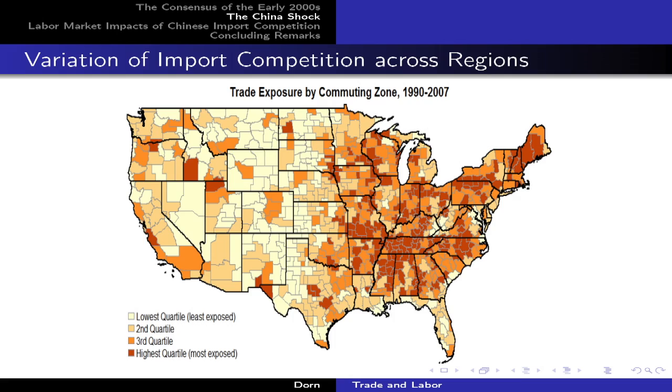We see quite a bit of Chinese competition further in the US South, where a lot of industry and manufacturing has located that is traditionally specialized in relatively low-cost production activities. And then there are also the occasional trade-exposed spots in the West.